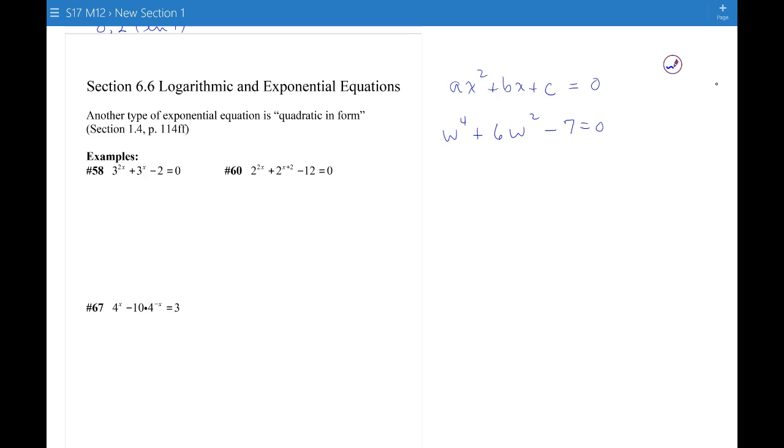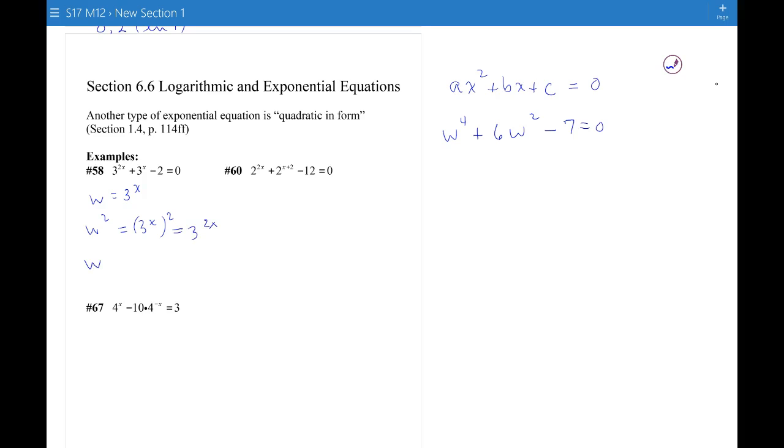So if the pattern held true, then we could use the quadratic skills that we already have to solve the equation. So notice that if I say w equals 3 to the x, then w squared equals 3 to the x squared, which is 3 to the 2x.